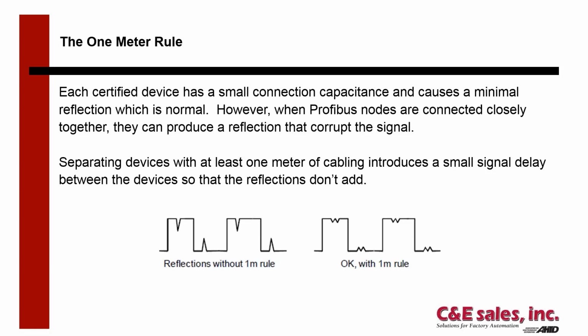Those drives are like bookcase drives, and it's very easy to stack them right next to each other from left to right. It's very tempting to run that Profibus cable as short as possible, half a meter or whatever, and really you want to make sure you have at least 1 meter between devices. So you might see cabinets that have multiple drives stacked together, but you have a Profibus cable that droops down from one drive to another, and that's because they're trying to observe the 1 meter rule.